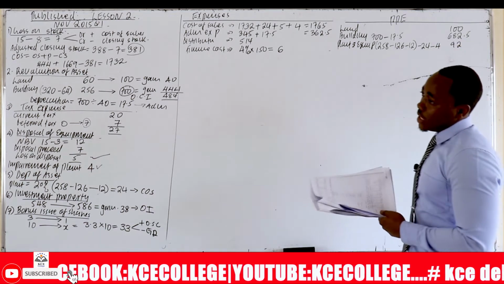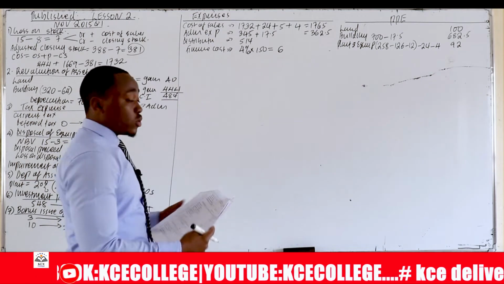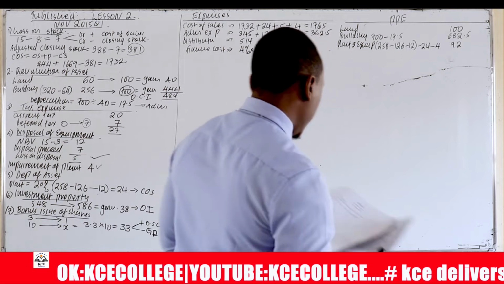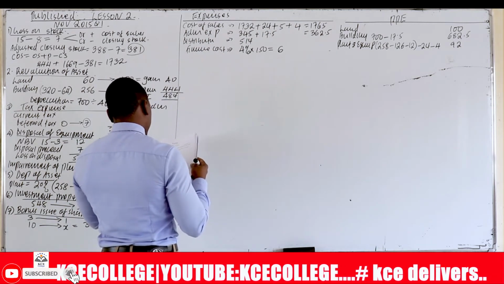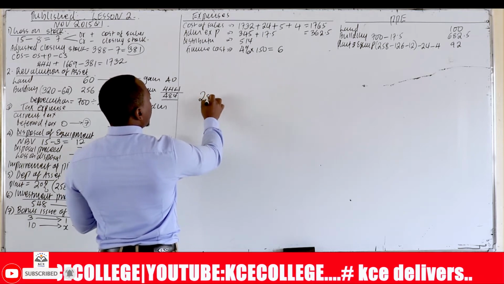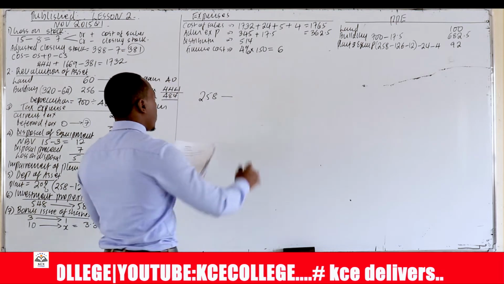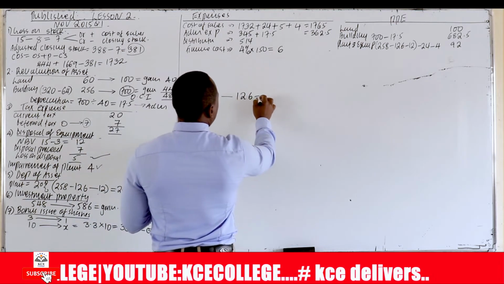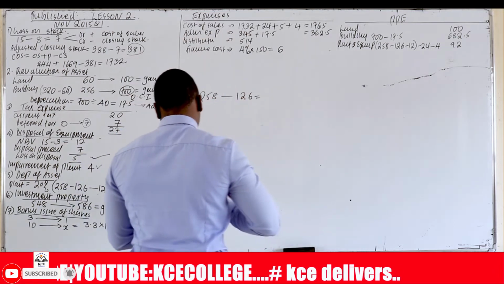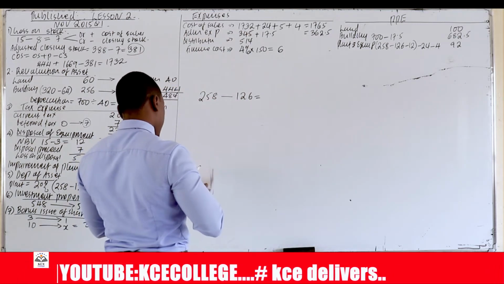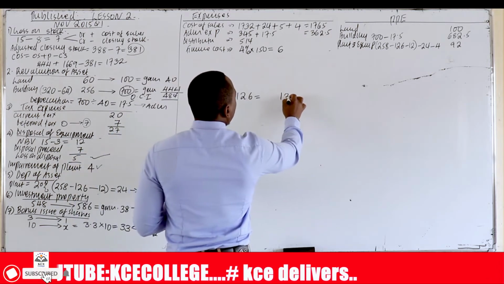You will get 92. Or alternatively, for you to understand PPE, you can do this. Plant and equipment, the cost, you can take 258. You raise accumulated depreciation of 126. And how much is that? 258 minus 126, it's 132.